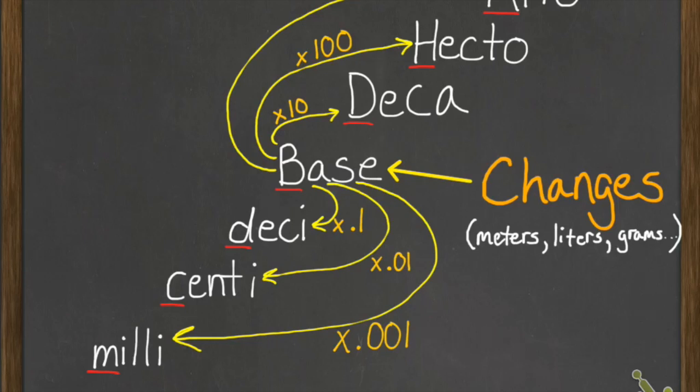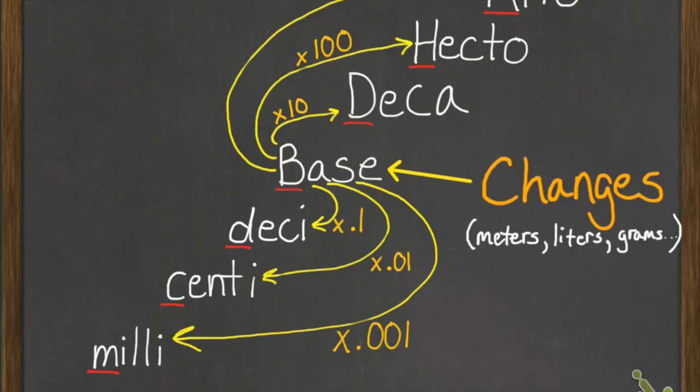You'll see these yellow arrows. What that is saying is the base unit can change. The base unit could be liters, meters, or grams. If you follow the yellow arrow up from the B on base, it has a times 10 and goes to deca.